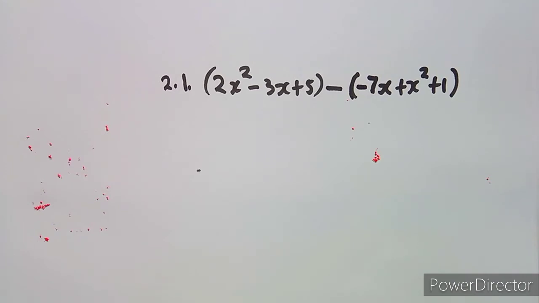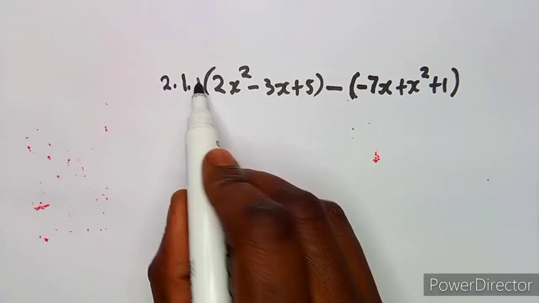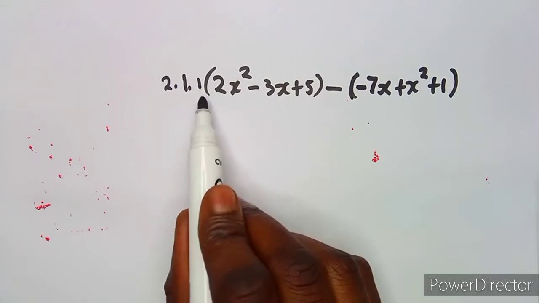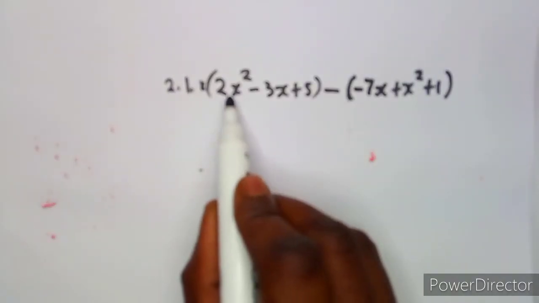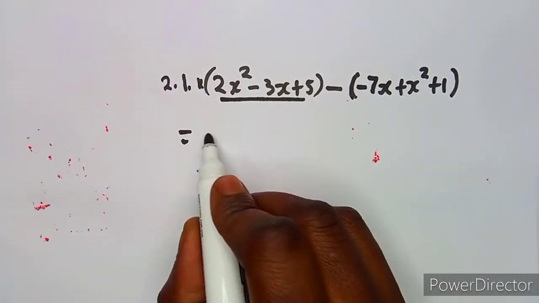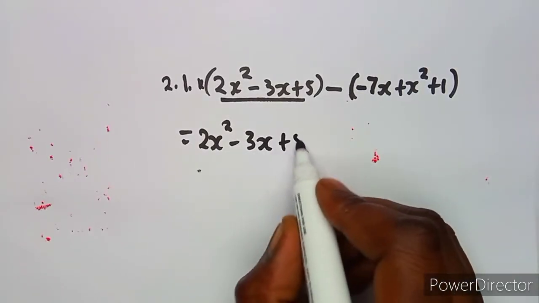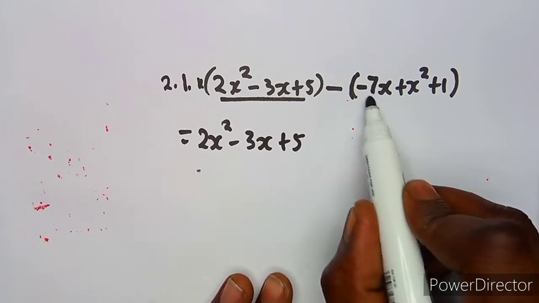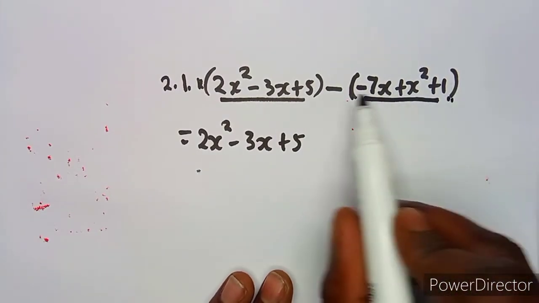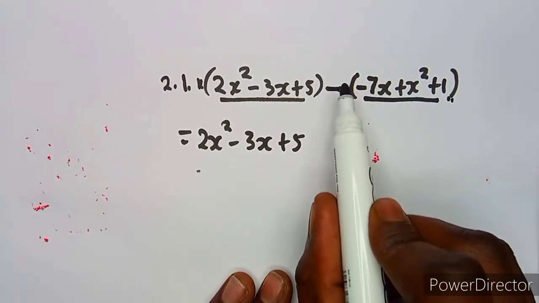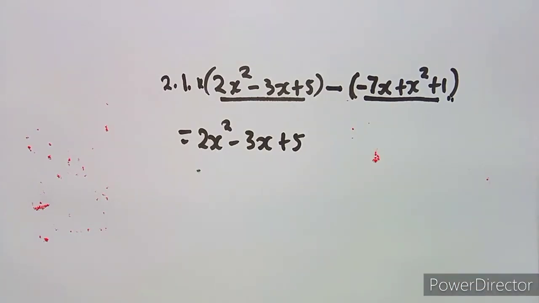Okay, so let's try and expand. This one is just multiplied by 1, so there's no effect. It is going to remain as it is: 2x squared minus 3x plus 5. But this bracket here is going to be affected because there is a minus here. The minus is affecting every term inside the bracket.